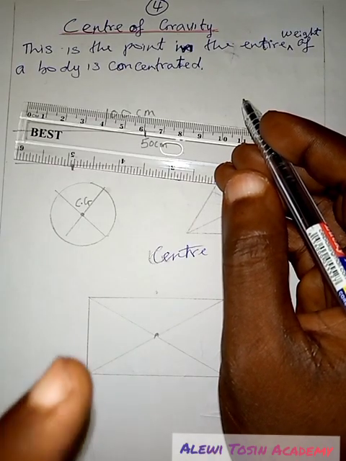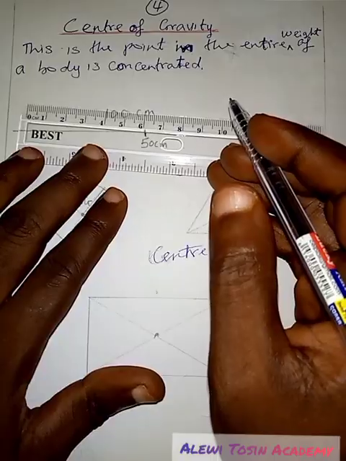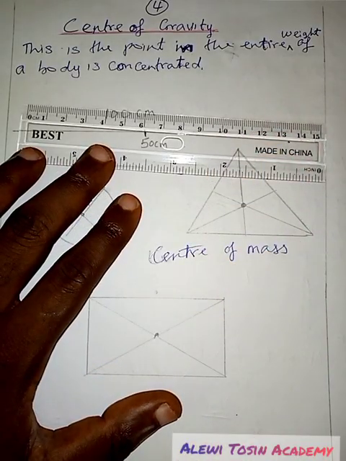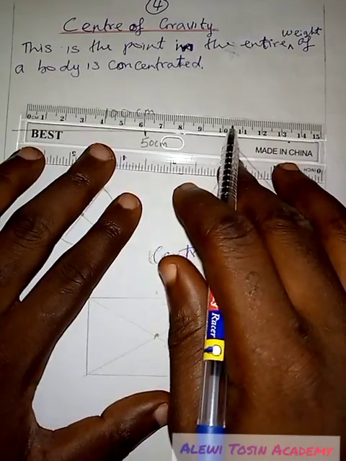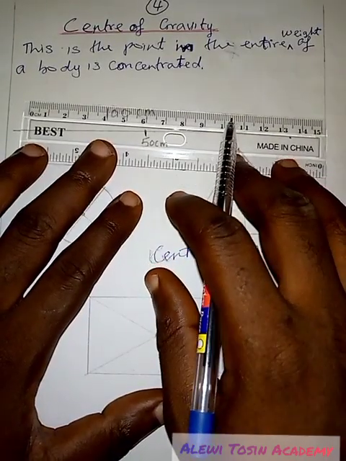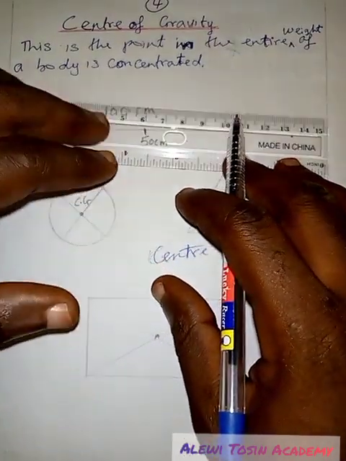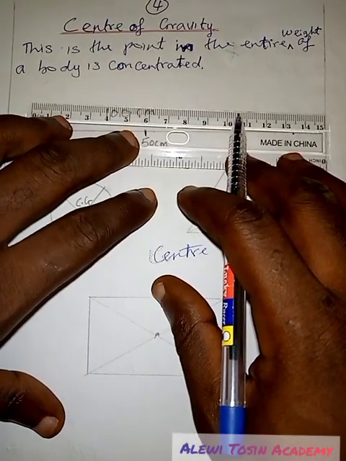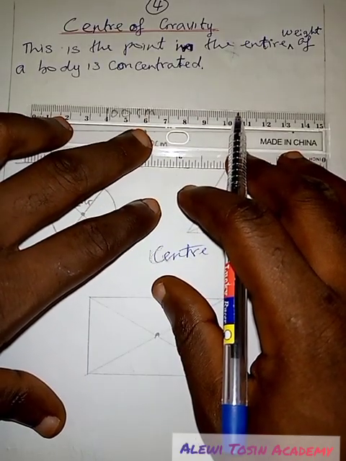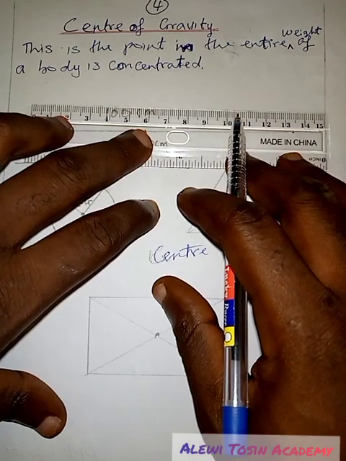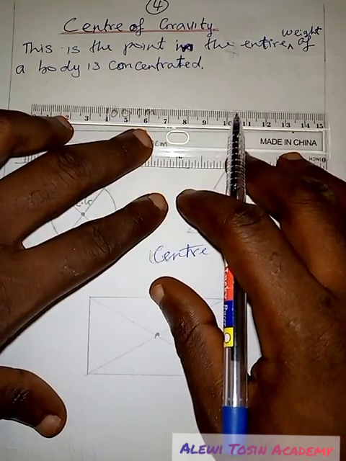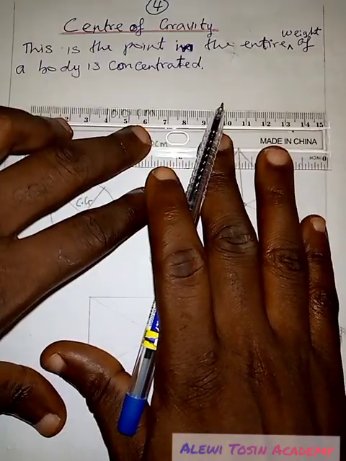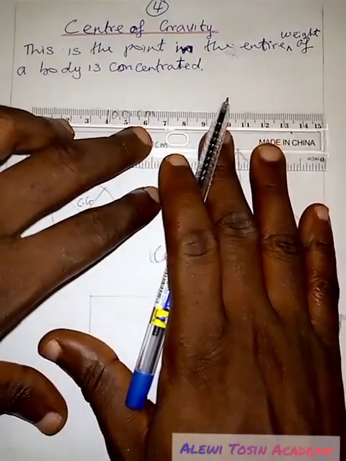And also take note, the higher the center of gravity of a body is, the easier it is for the body to fall. For example, a short football player will not fall easily because his center of gravity is very low, closer to the ground.